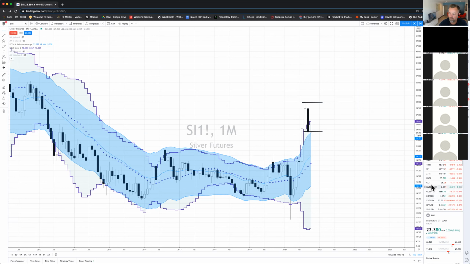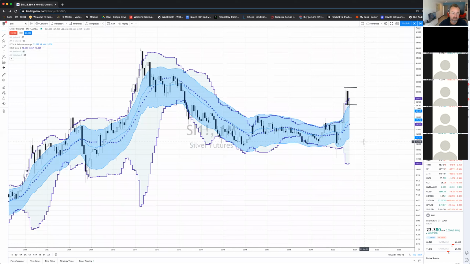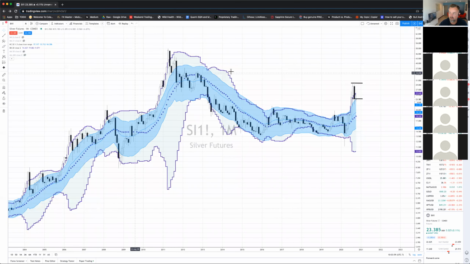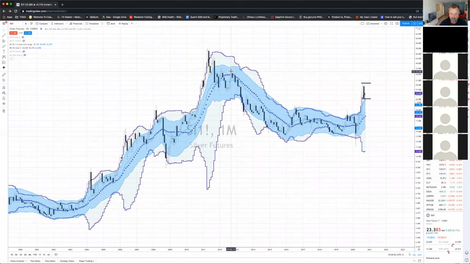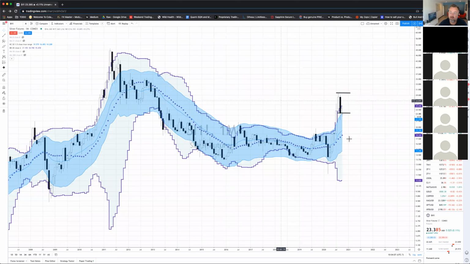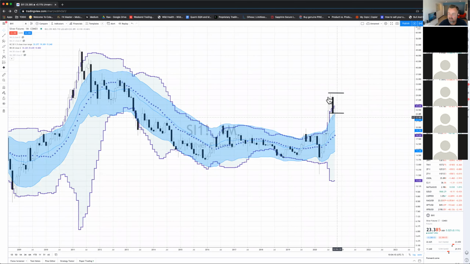Oh, I got an idea. So anyway, before I move to my idea, I want to take a look at crude based on that analysis. But yeah, you're probably in for some weakness here. We have a failed vol breakout. A move down to 18 is totally doable on silver, which is where it broke out from earlier this summer.